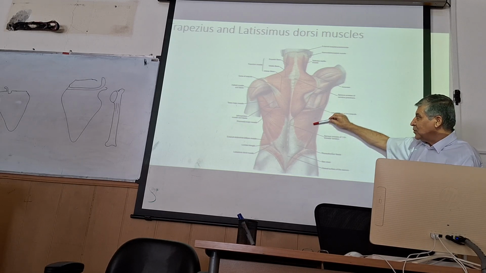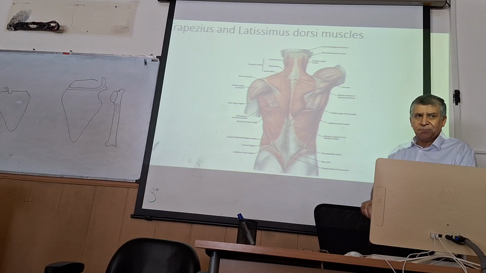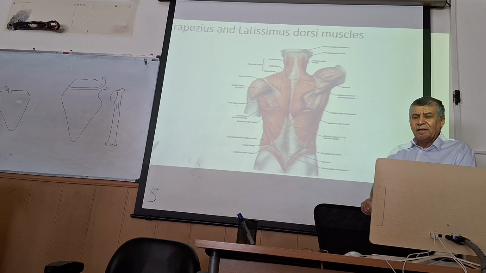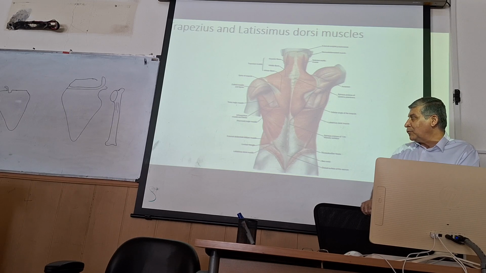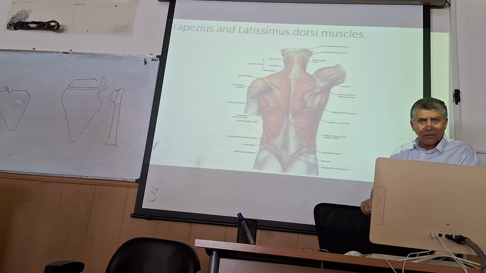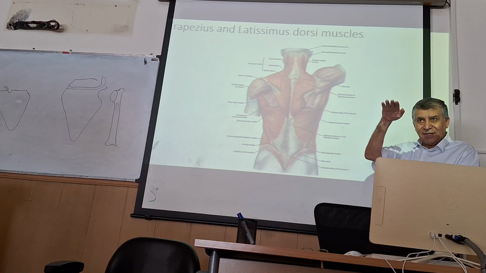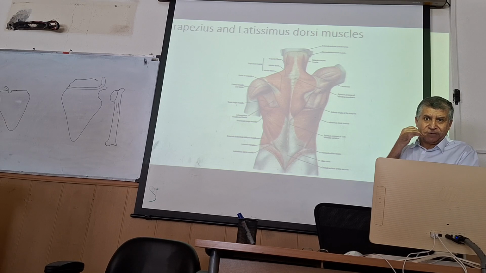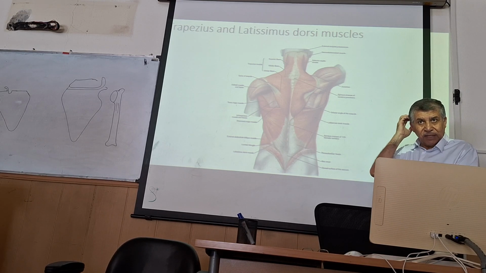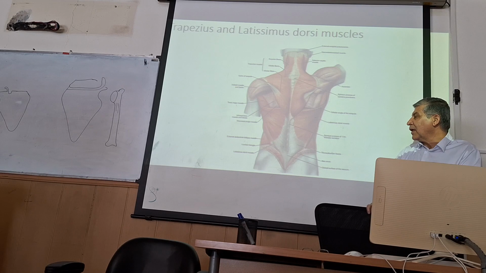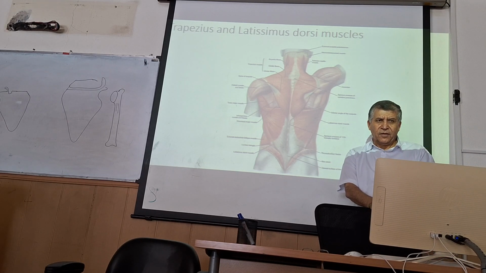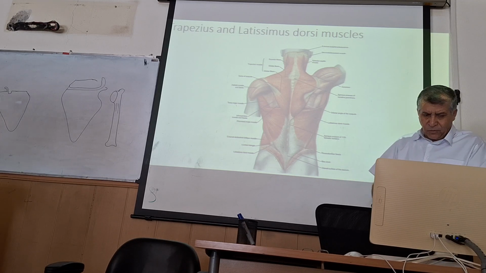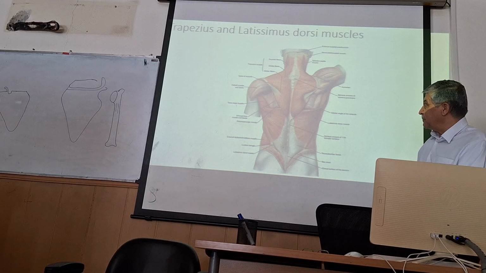These fibers go laterally and insert into the floor of the intertubercular groove. This muscle is innervated by the thoracodorsal nerve.